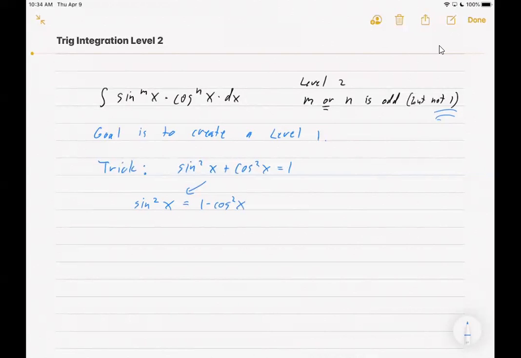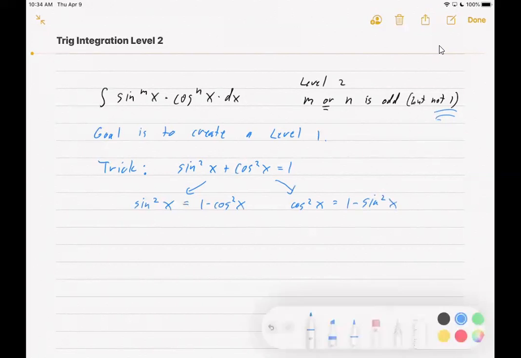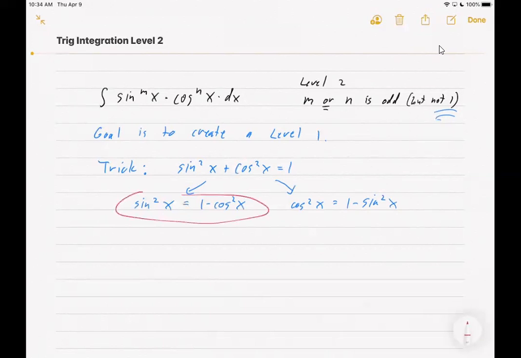So I could rewrite things in terms of sines, in terms of cosines, or I could say that cosine squared of x is equal to 1 minus sine squared of x. So we're going to be using these two forms to convert even powers of either the sine or the cosine, depending on what we need to use at the time, into the other. So let's go ahead and do this for a couple of problems.